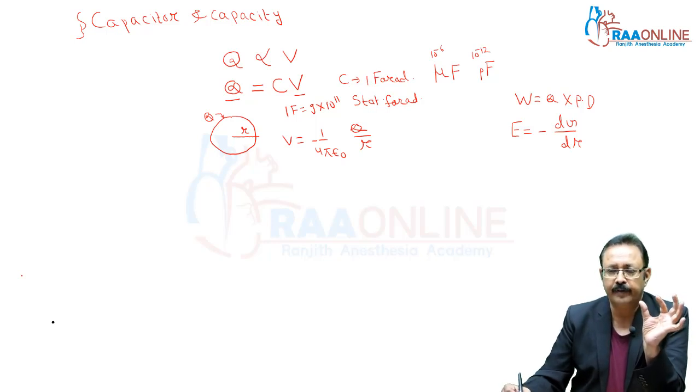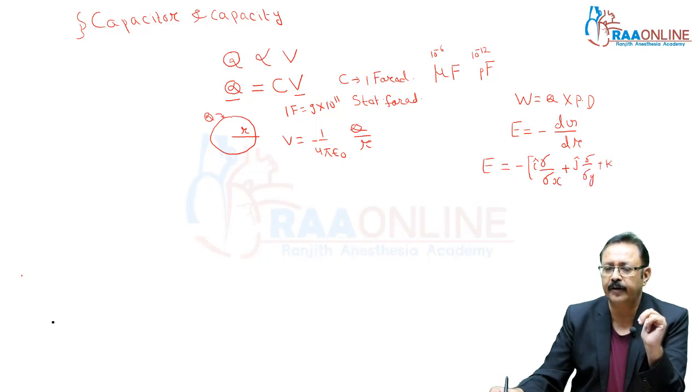But if there is a function in terms of x, y and z, you can write it like this: electric field equals minus of delta, partial differentiation with respect to x into i cap, plus j cap partial differentiation with respect to y, plus k cap partial differentiation with respect to z.